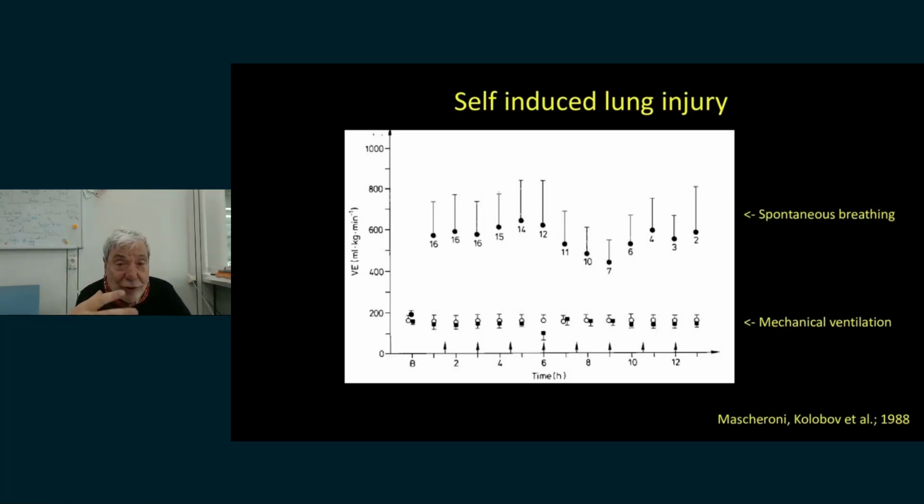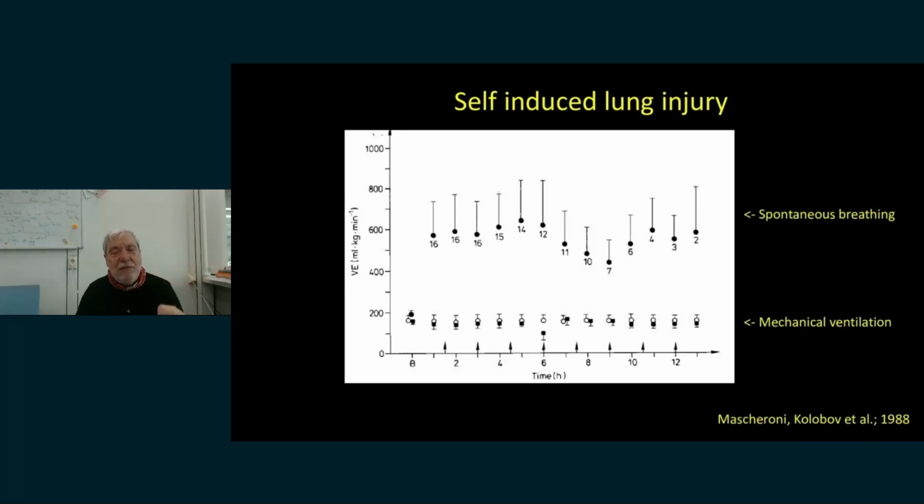So the respiratory drive was very high. The ventilation was extremely high, in milliliters per kilo. You can see here the ventilation, and these are the controls in mechanical ventilation. In 24 hours, the spontaneously breathing sheep had a tremendous, what they call ARDS.